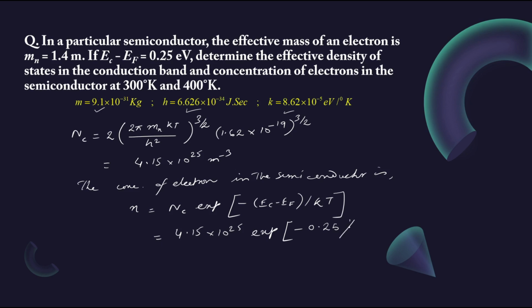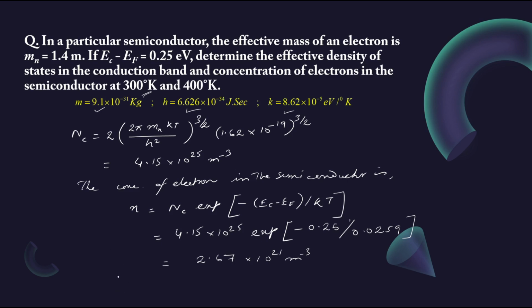The value of kT will be computed using 300 degree Kelvin, and it comes out as 0.0259. After equating the values, this will be 2.67 into 10 to the power 21. So this is the answer for 300 degree Kelvin.